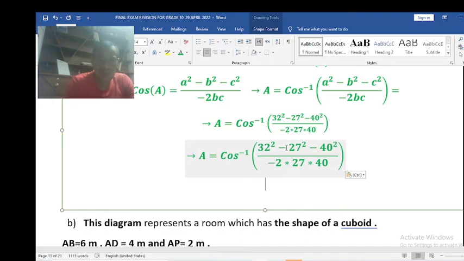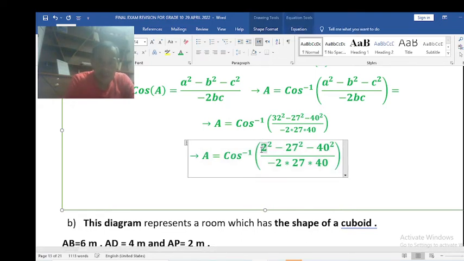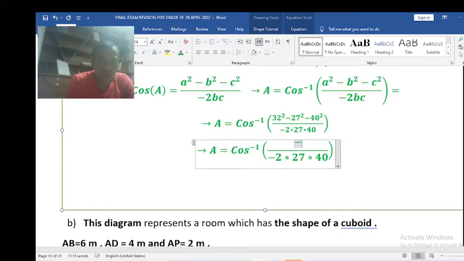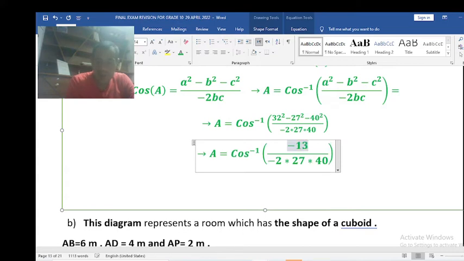This is equal to negative 1305. Then I will multiply this: 2 times 27 multiplied by 40 equals 2160.